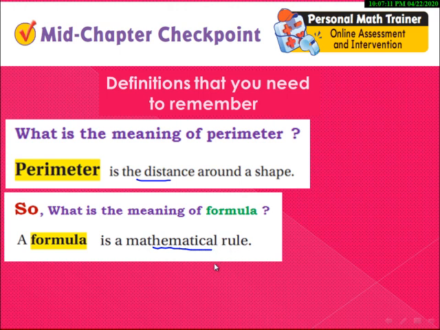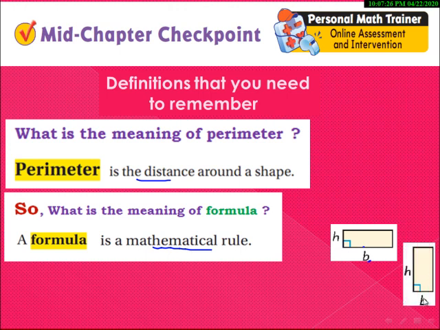And the third one is related to this figure, and we can name this side with the name base and this side with height. Do you remember it? All right. And if you see this case, you can see also this side as base and this side, the perpendicular line, is height.